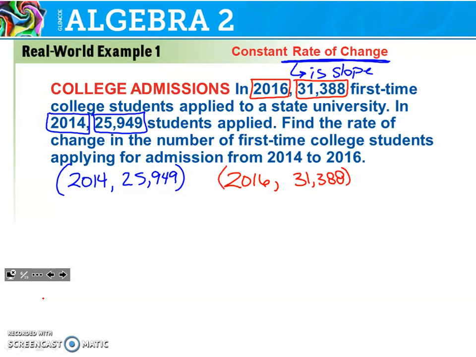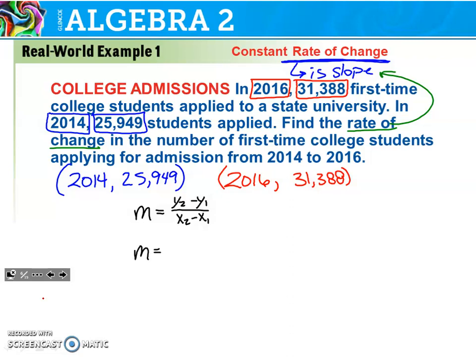Okay? They're asking you to find the rate of change, which we know is just slope. So all you need to do to solve these problems is figure out what your points are, and then use m equals y sub 2 minus y sub 1 over x sub 2 minus x sub 1. Okay? So, let's just go through and do it.